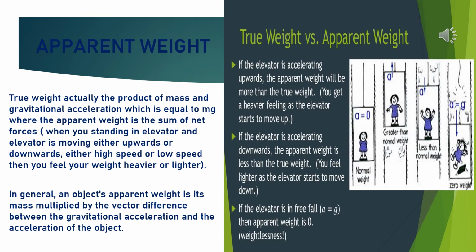Then you feel your weight heavier or lighter. In general, an object's apparent weight is its mass multiplied by the vector difference between the gravitational acceleration and the acceleration of the object. Now see the diagram.